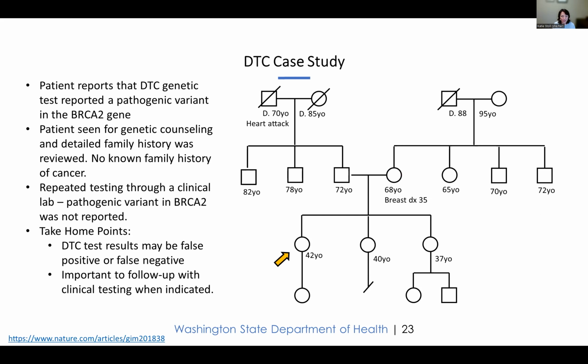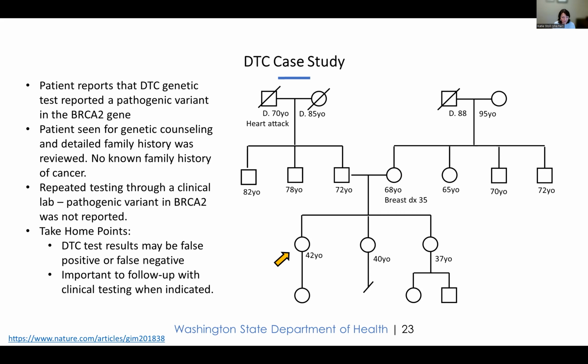Another direct-to-consumer case study, which is another scenario that unfortunately we're seeing with some frequency, are people who have test results from DTC genetic testing companies that report positive for a pathogenic variant in the BRCA2 or other gene. In this case, there's no family history of cancer that would be suggestive of BRCA2 related cancer risk.